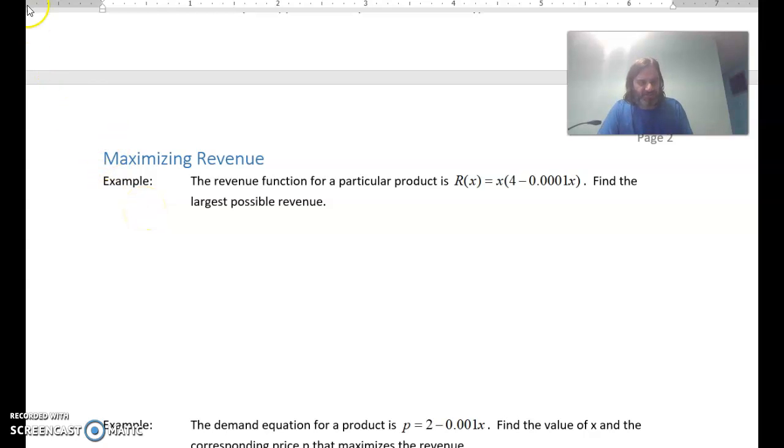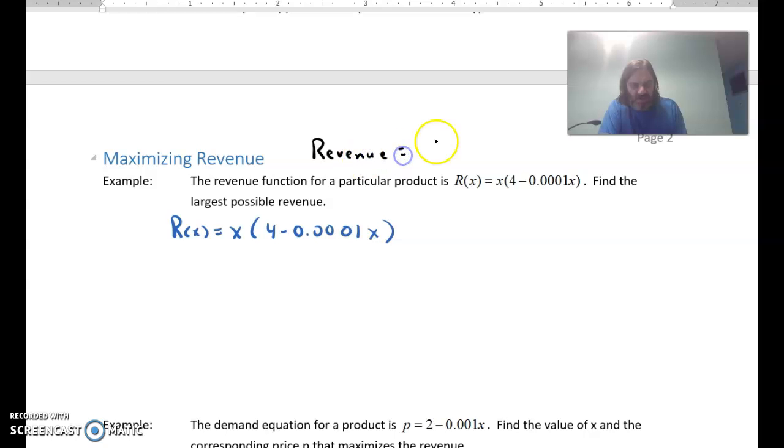So let's see here. First of all, I'm going to write down my function, which is R of X equals X times 4 minus 0.0001X. While this is not necessary, I'm just trying to relate it back to the actual revenue function. Remember, revenue equals price times quantity.